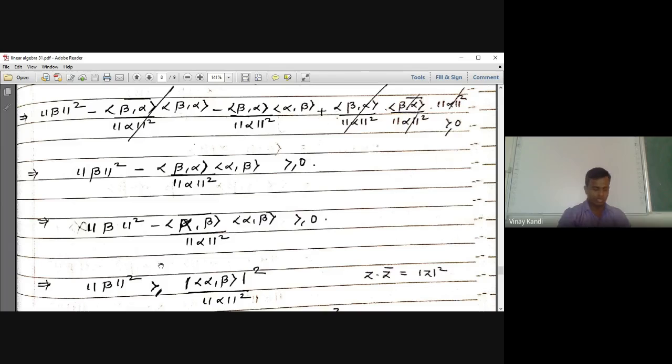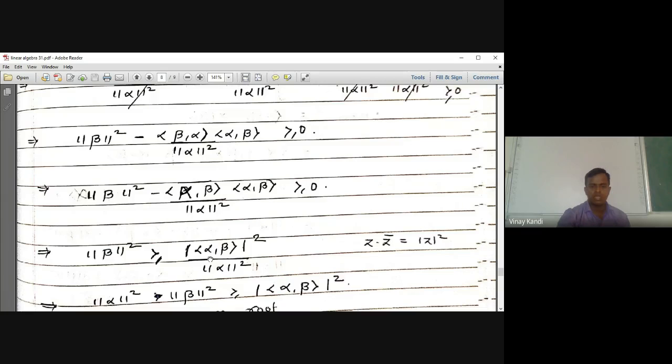Again write this as it is, and take this whole term to the right side. If this is z and this is z bar, z into z bar is mod z square. By this property you can write like this: the whole term mod of inner product of alpha beta square, taken to the right side.